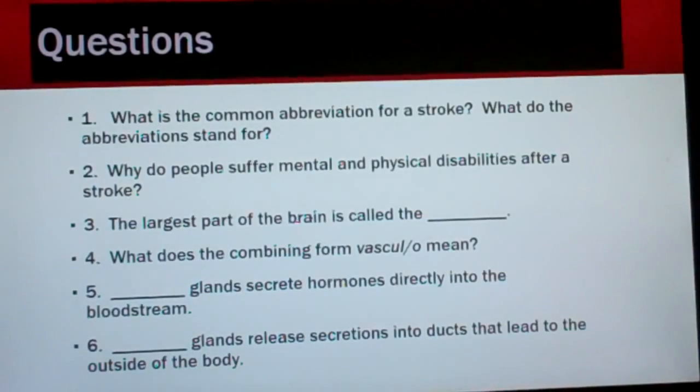Questions. Number 1. What is the common abbreviation for a stroke? What do the abbreviations stand for?